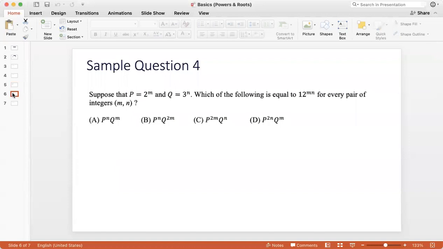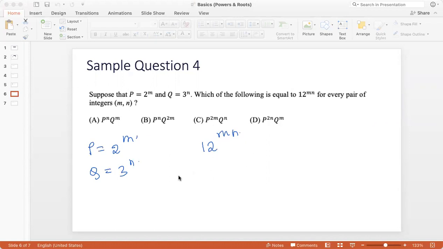Okay. Question 4. Suppose that p is 2 to the power m and q is 3 to the power n. Which of the following is equal to 12 to the power mn for every pair of integers?